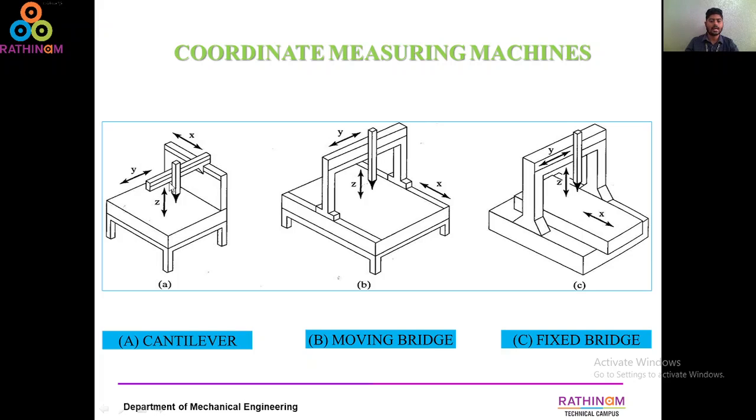So this is called a cantilever type of coordinate measuring machine. Of course it also has x direction, y direction, and z direction. Even though it is a cantilever beam setup, it has three-dimensional movement.